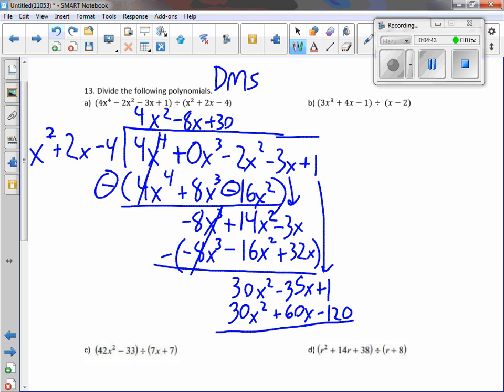That's divide and multiply. And we subtract. 30x squared minus 30x squared cancels out. Negative 35x minus 60x is negative 95x. 1 minus negative 120, again, minus negative is plus 121. Notice there's nothing here left to drop. That's how you know we're done with that rotation.